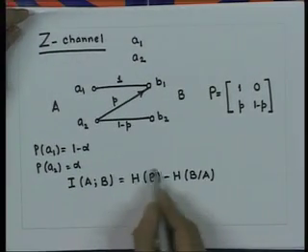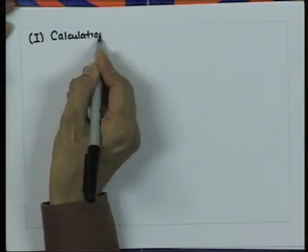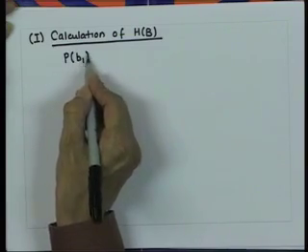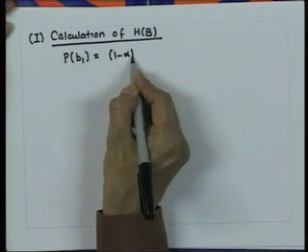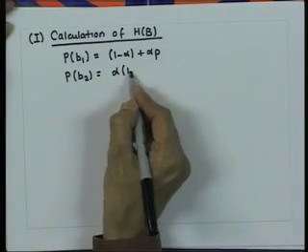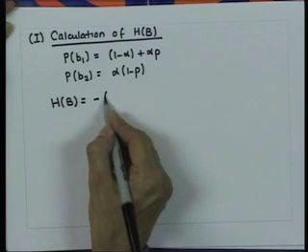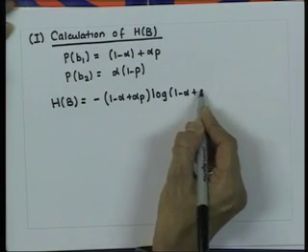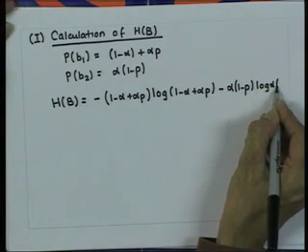Calculation of H(B) requires calculation of the probability of output symbols B1 and B2, which is given by P(B1) equal to 1 minus alpha plus alpha P, and probability of B2 equal to alpha into 1 minus P. Using these probabilities, we can write down H(B) as minus (1 minus alpha plus alpha P) log of (1 minus alpha plus alpha P) minus alpha times (1 minus P) log of alpha times (1 minus P).